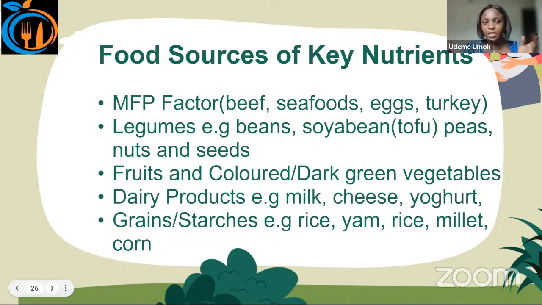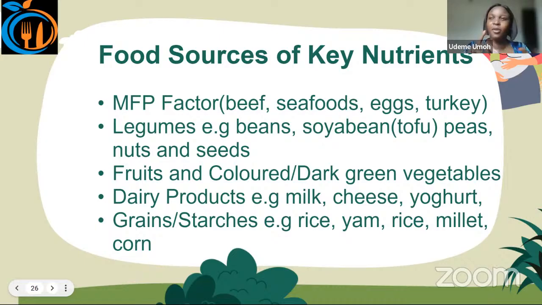Then F is fish. Fish can be anything from the mackerel to the herring. Herring is our shawa. Mackerel is our titus. Then it can be catfish. So I'm just trying to give us different ways that we call fish. If you live in Nigeria like me, the different ways we call fish is just it.